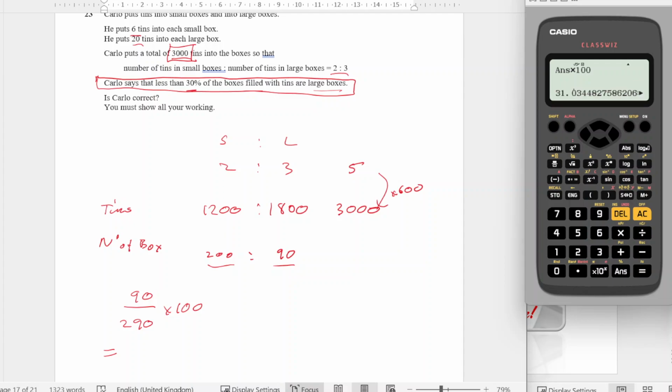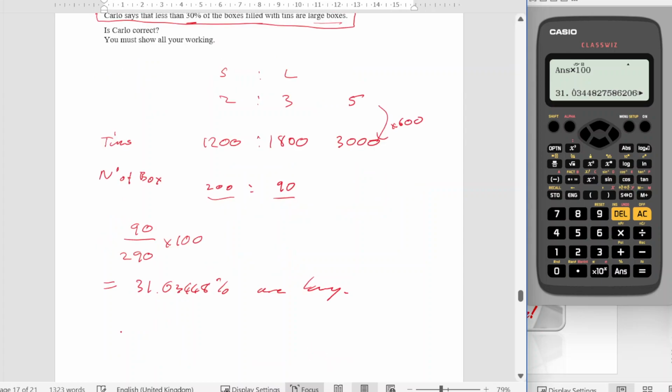So we have got 31%. Well, technically 31.03448% are large. Carlo says less than 20%, so no. Over 31% are large. Nasty worded question.